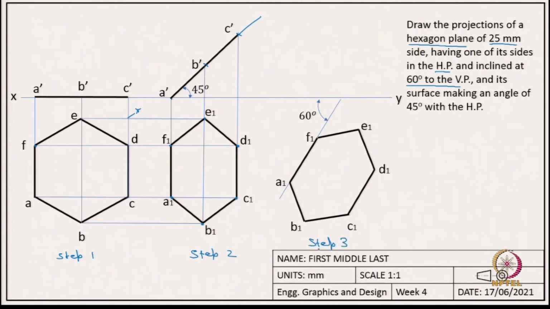So, this is step 3, and in step 3 we have noticed that the shape will remain the same as in step 2, only now it will be at a different angle. Once we have captured this top view, it will be easy to capture the front view, because we just need to follow the points.